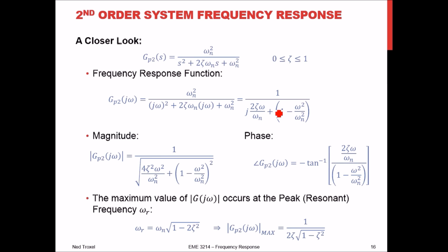So here's the magnitude, here's the phase. If we were to take the magnitude and take the derivative and set the derivative equal to 0 and solve for the frequency omega that makes that a maximum, we would find this.